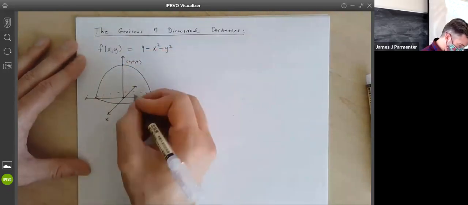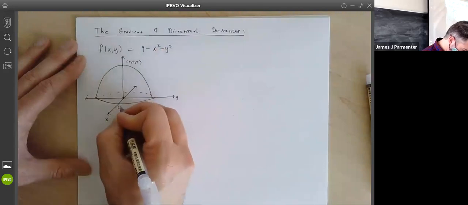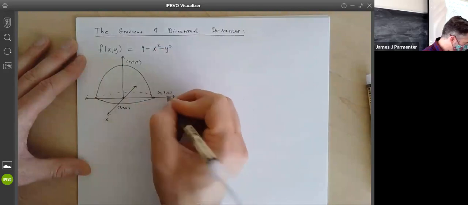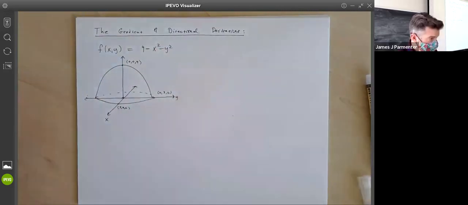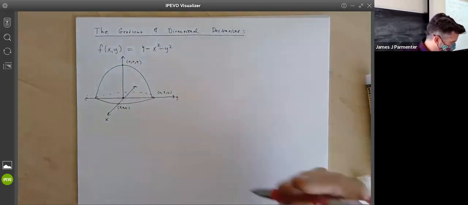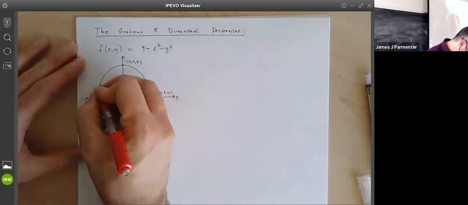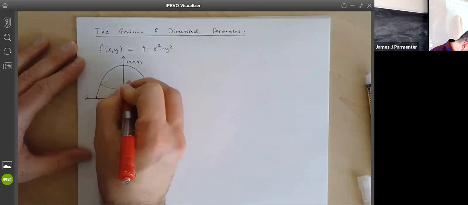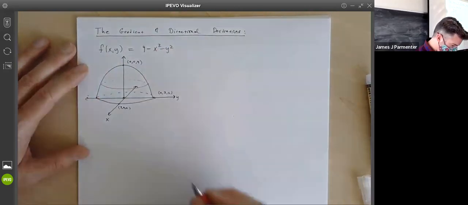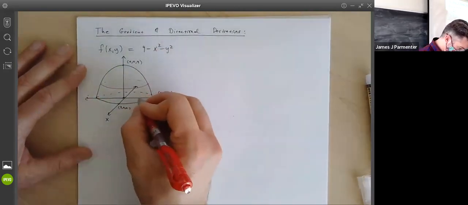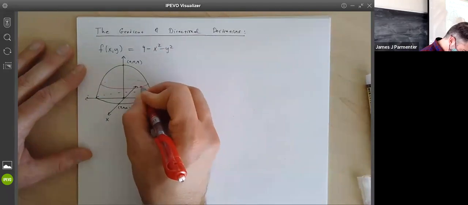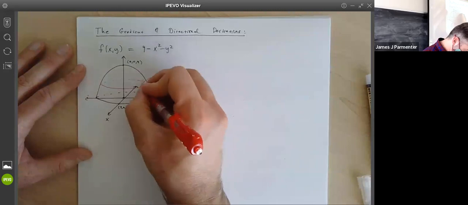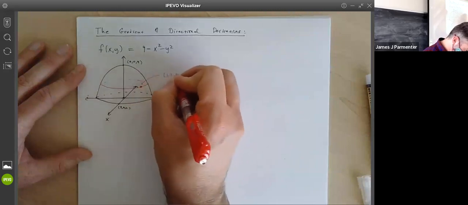It's got other intercepts too: 3, 0, 0, and 0, 3, 0, etc. Now I'm going to look at a level curve at the height of 4. And specifically, on this level curve, I'm going to look at the point 1, 2, 4. That point right there is the point 1, 2, 4.